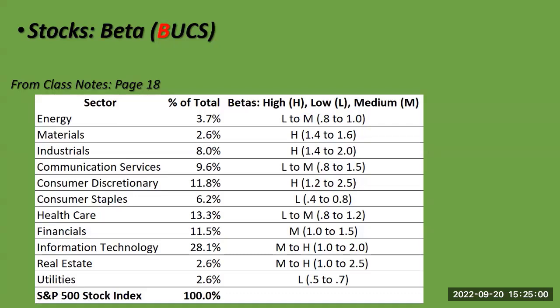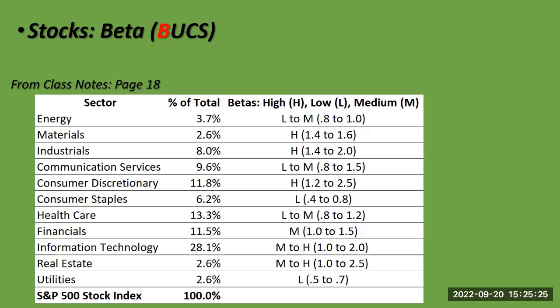Ferrari might be the exception there, but consumer staples, by definition, are low beta. Healthcare kind of depends on what kind of healthcare. Financials are a little tricky. In 2008, financials were high beta because they were what was blowing up. It really depends.